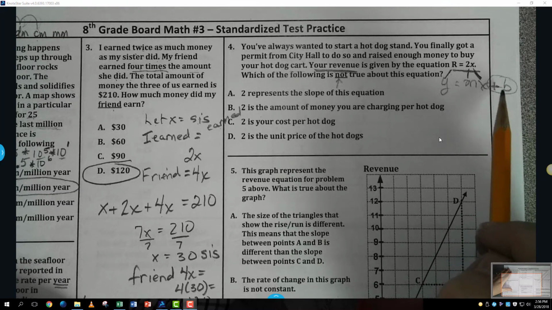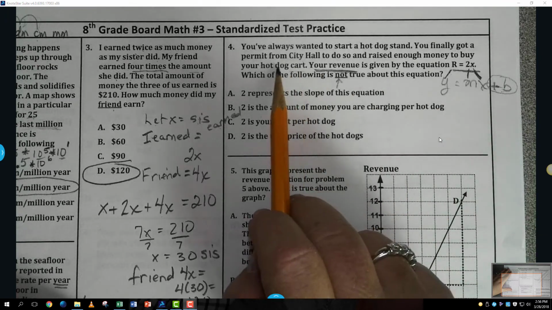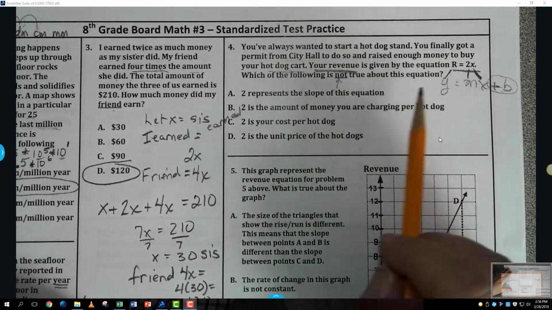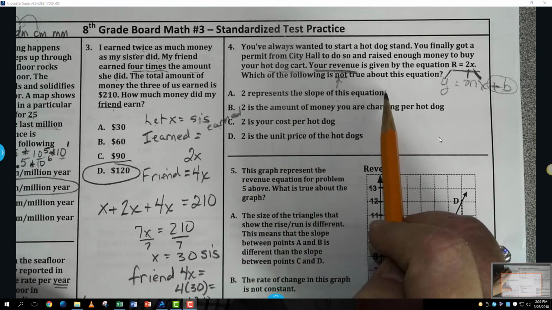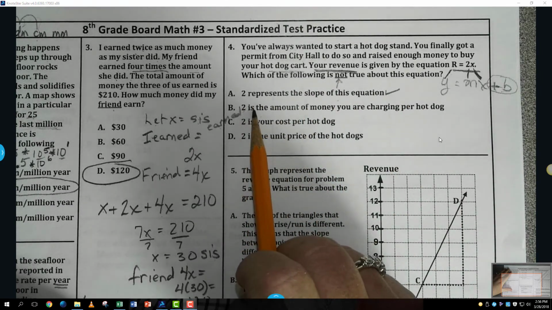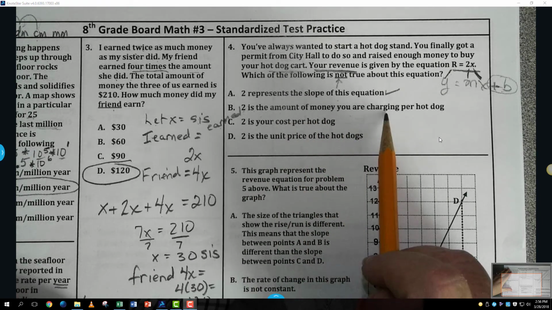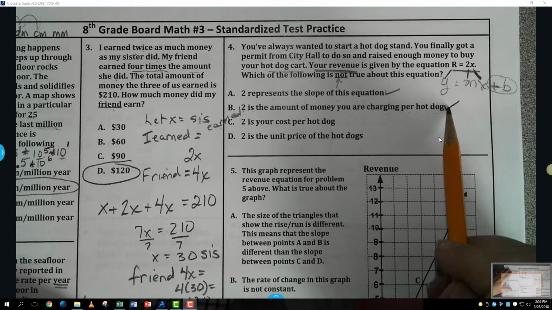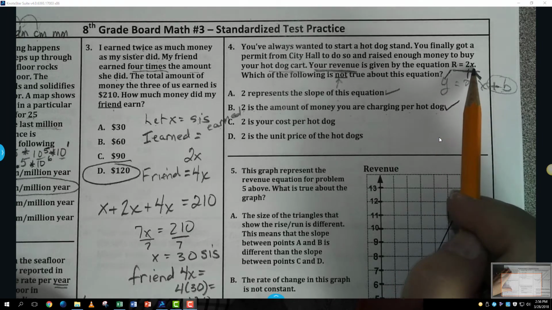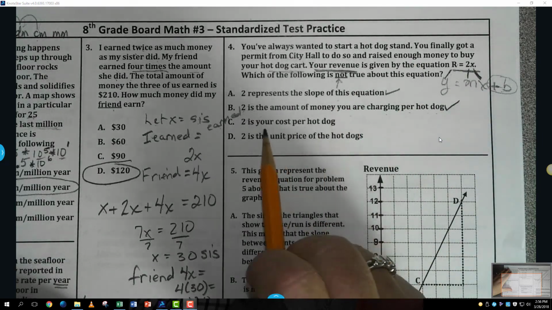If you have no hot dogs, you don't have any costs to begin with because you've already paid off your hot dog cart. So 2 represents the slope of this equation. That is true. 2 is the amount of money you are charging per hot dog. That is true. Your revenue is 2 times how many hot dogs you sell.